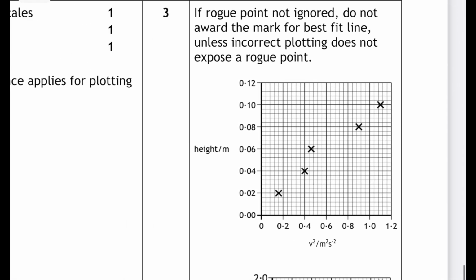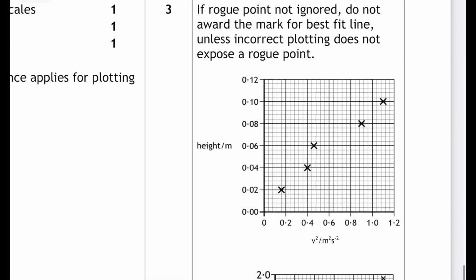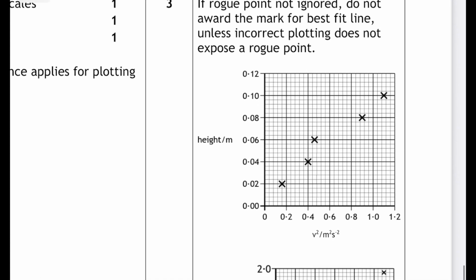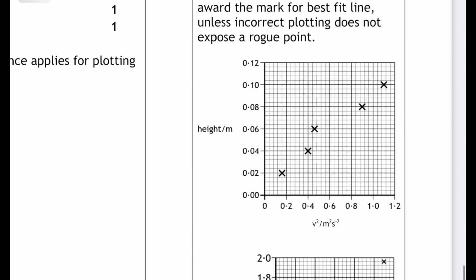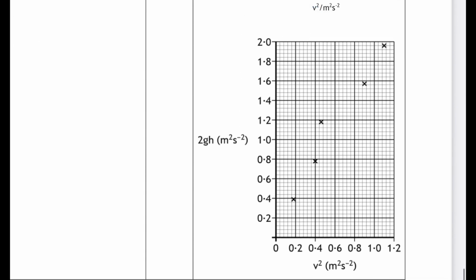That was just for the drawing of the graph, and there's a couple of examples of what it should look like on the right hand side of the marking instructions, with much better scales on their y-axis than I used. But it's shown the same pattern with the rogue point on it as well. So they're in the marking instructions really to help the markers that were marking that question.